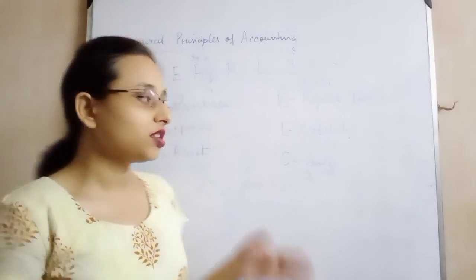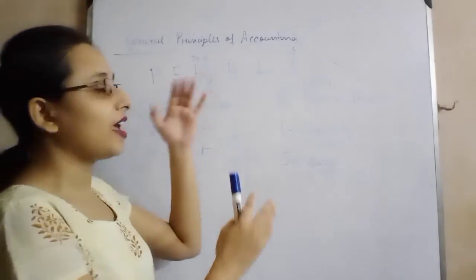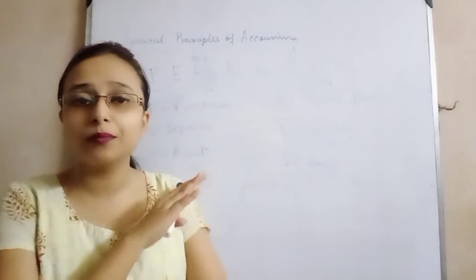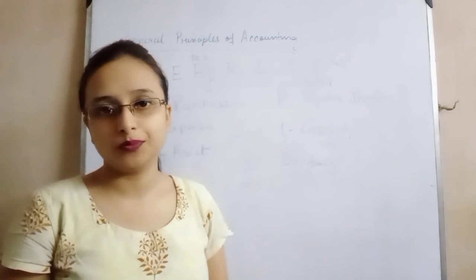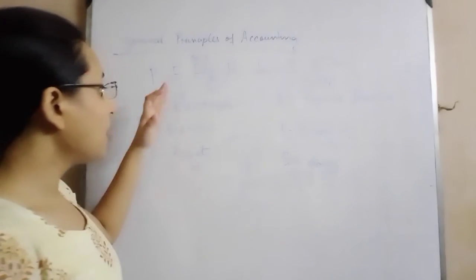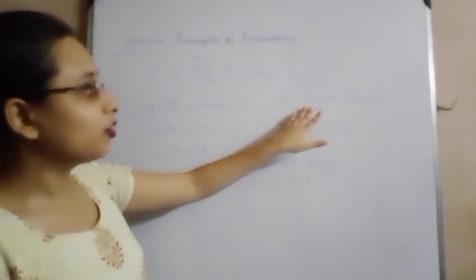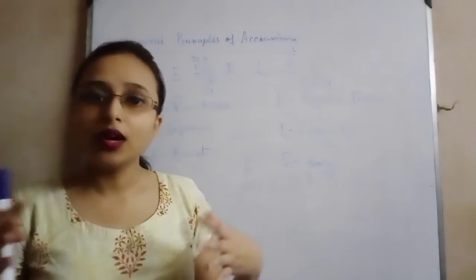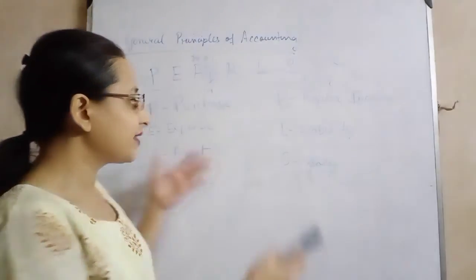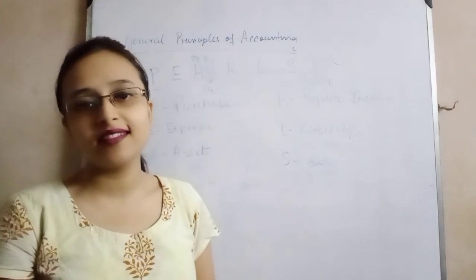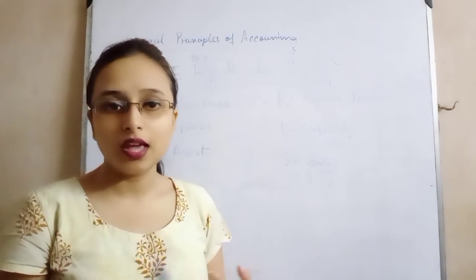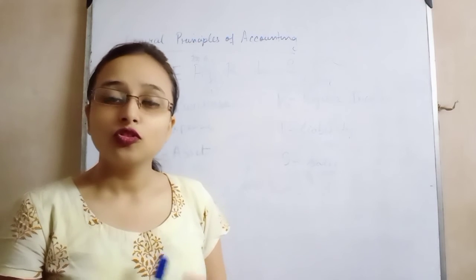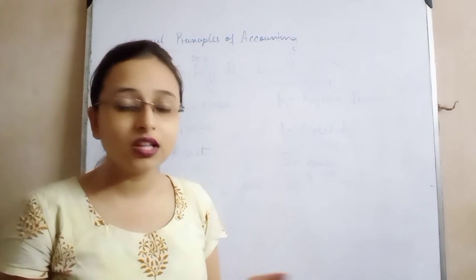You just put it in this formula of PEARLS and it will be as clear as water. Whatever question comes, you can categorize it into these six elements: purchase, expense, asset, regular income, liability, sales. So the answer is clear to your eyes.